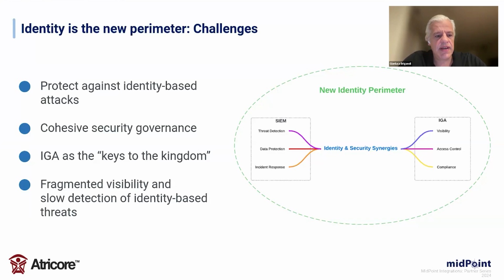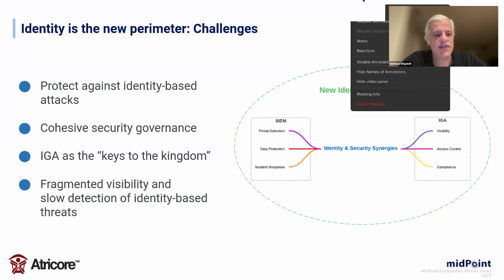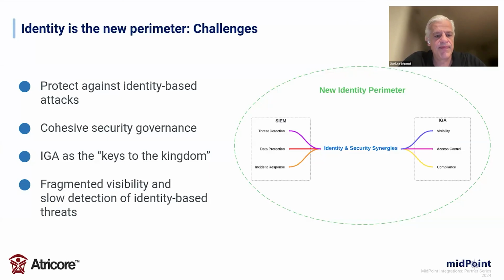This has been a shift where the core idea is zero trust architecture. That goes hand in hand with, and created, this new concept, which is that identity is now the new perimeter.